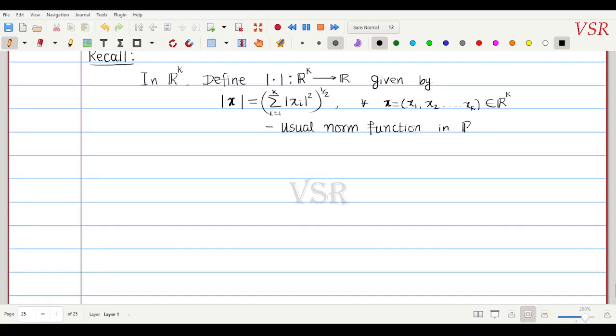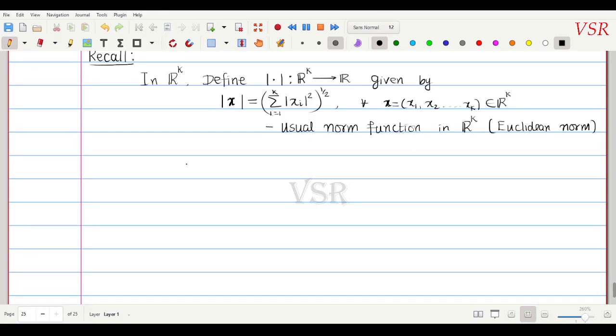R power k ல இருக்கக்கூடிய usual norm அல்லனா Euclidean norm சொல்லலாம். Euclidean norm ரெண்டுமே ஒண்ணுதான். Okay, we call it either usual norm function இல்லனா Euclidean norm.